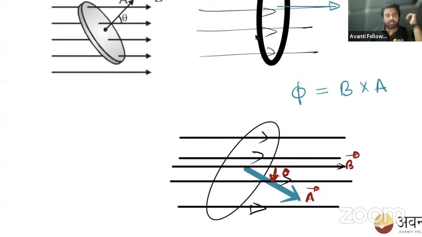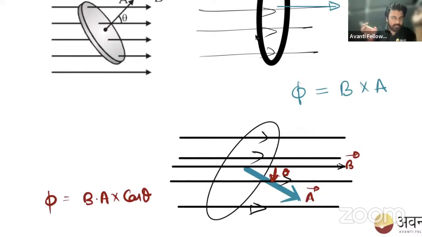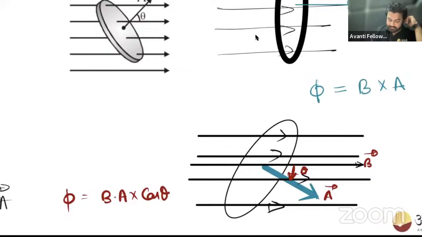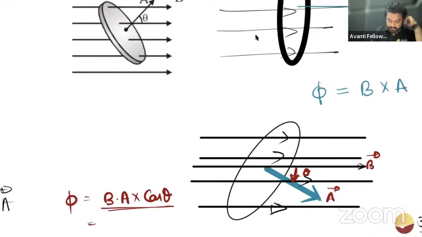So how do we take the component? A cos theta, right? So what will the flux be now? Flux is equal to B into A into cos theta. And in vector or scalar form, this is a scalar product, so it is B vector dot A vector.